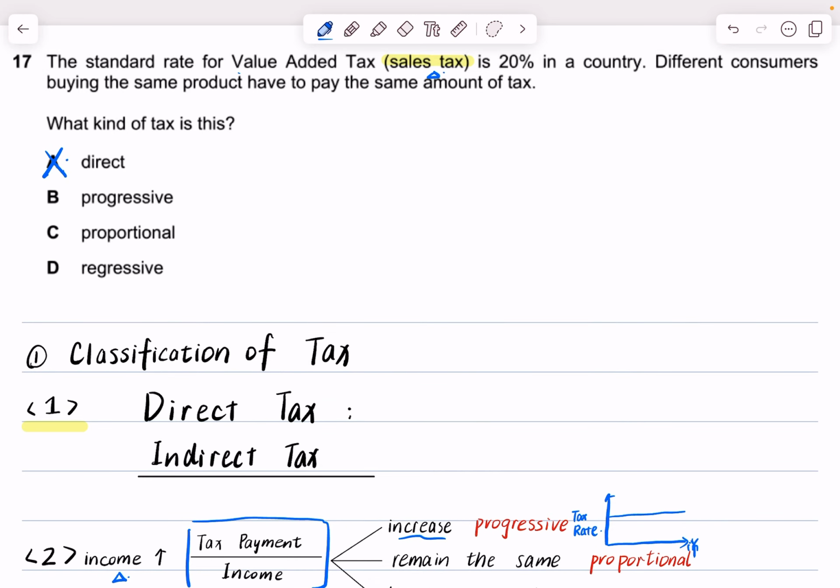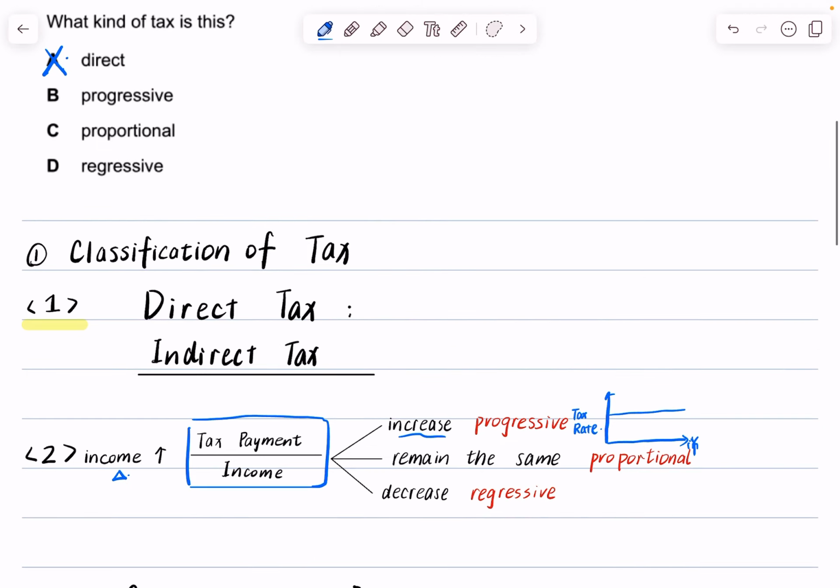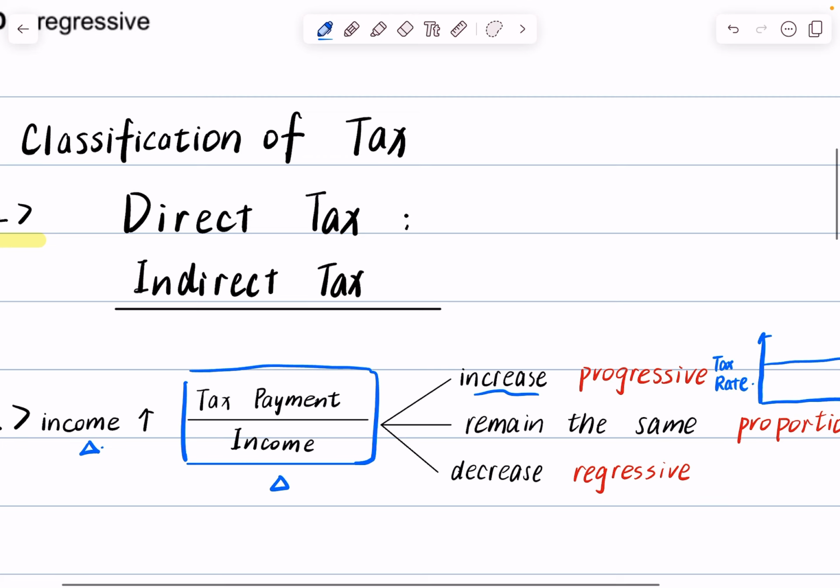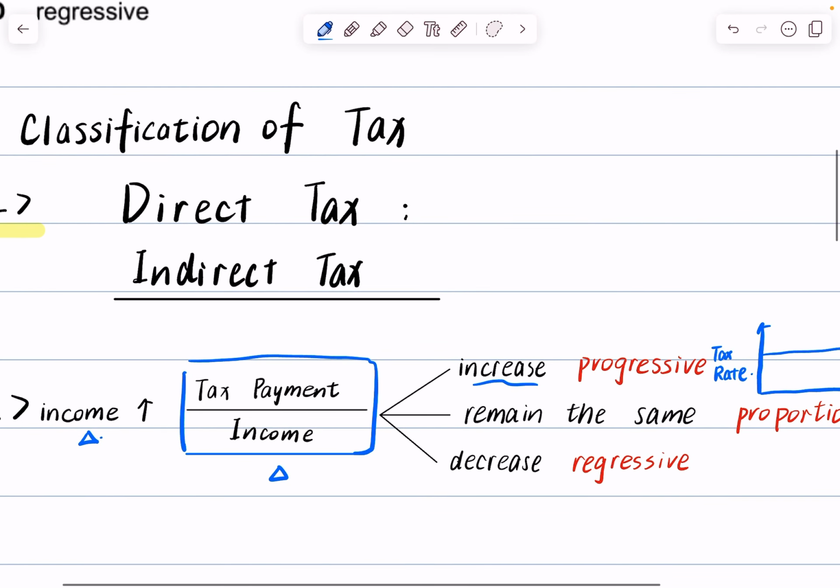It's told me that the standard rate for value-added tax, sales tax, is 20% in the country. So we can rewrite this as consumption multiplied by 20%, the tax rate, divided by income.